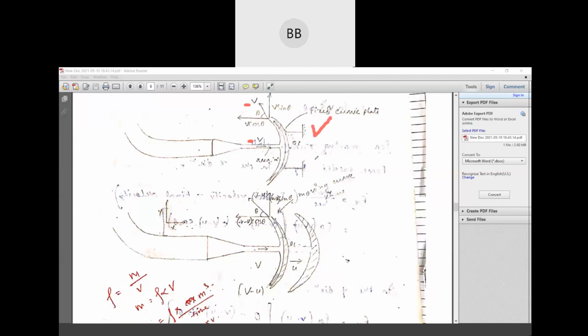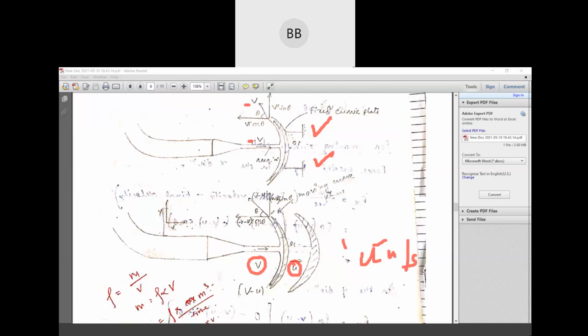This is in the fixed curved plate. Whereas in the moving plate, what happened? Before strike, your velocity is v. As soon as your jet of water strikes, the vane is also moving at a velocity of u. In the previous case, it was fixed, so your vane or plate was not moving. Here, as soon as your jet of water strikes, the plate is also moving at a velocity of u meter per second.